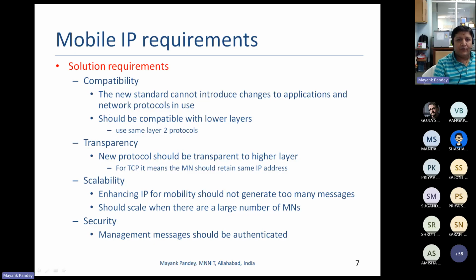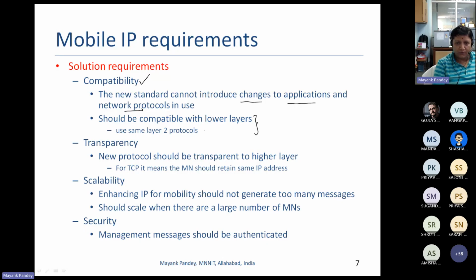What we need is a solution which has to be compatible with the existing protocol stack. We don't want a solution which forces changes to applications and network protocols which are already in use. And it should also be downward compatible.